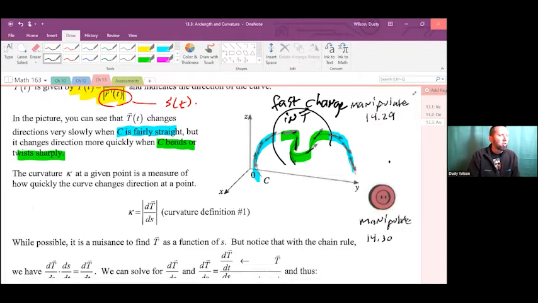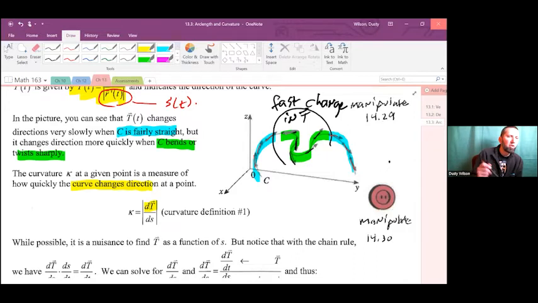So the curvature, kappa, at a given point is a measure of how quickly the curve changes direction at a point. So we're talking about change: how fast the curve changes direction, that is, the change in the direction of the tangent line.